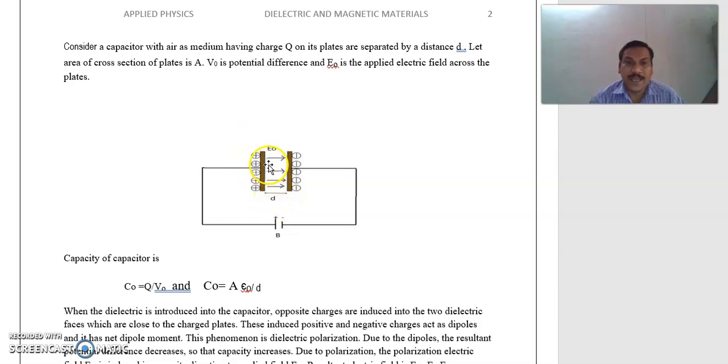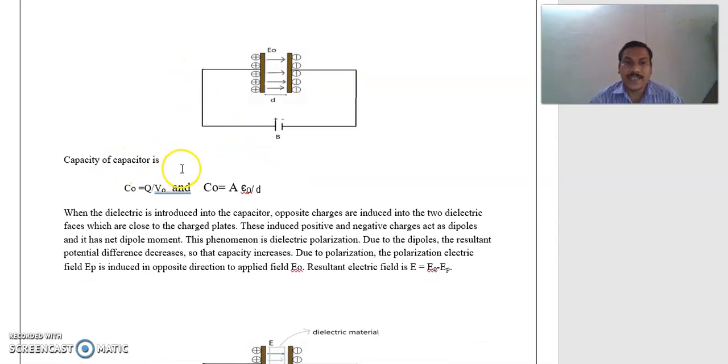The area of the capacitor plate is taken as capital A. Next, the capacity of the capacitor when air is between the two plates is denoted by C naught. C naught is equal to capital Q by capital V naught, and C naught is also equal to capital A epsilon naught by d.